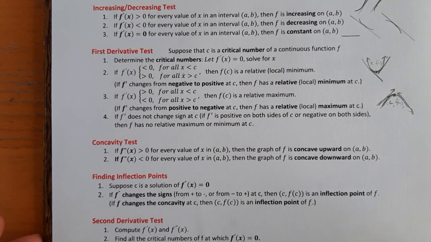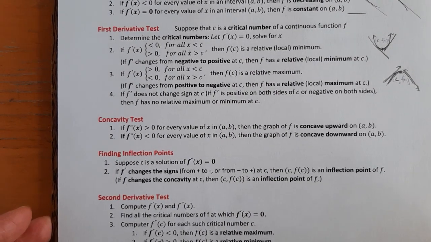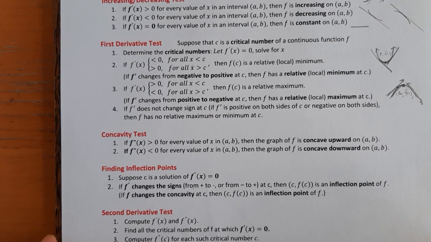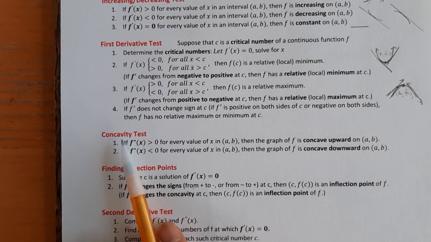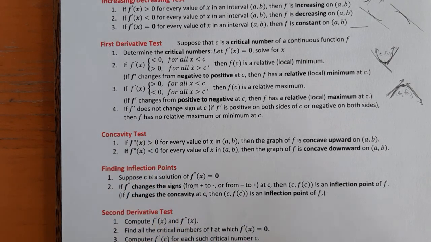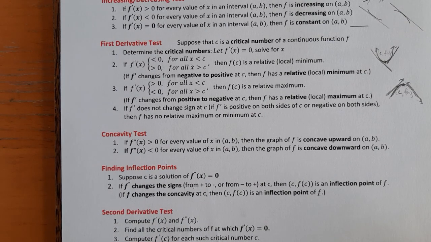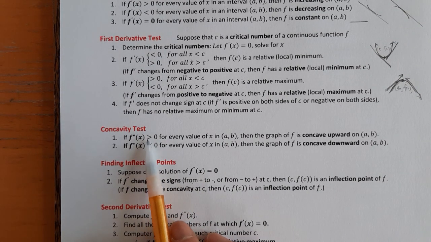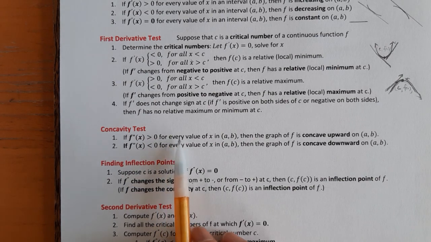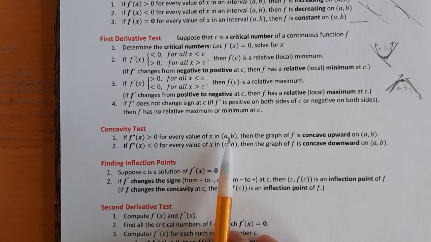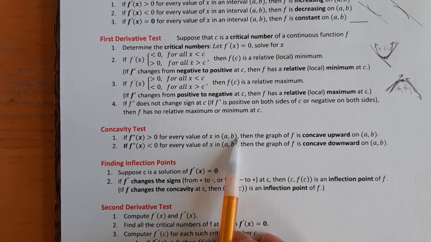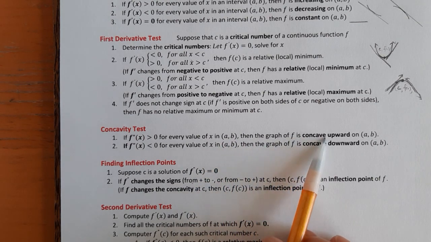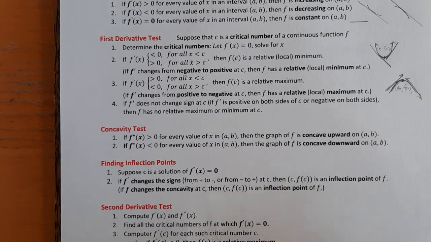So there's another one. Let's talk about the concavity test. It uses the second derivative. If the second derivative is positive for every value of x in the open interval (a, b), then the graph is concave upward.